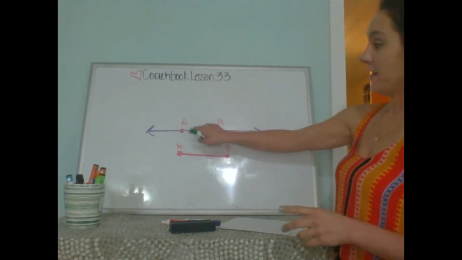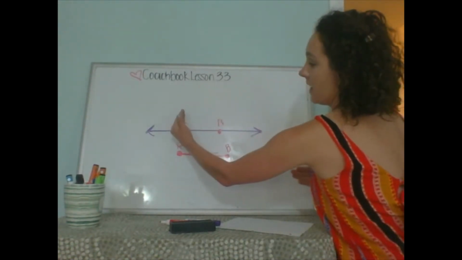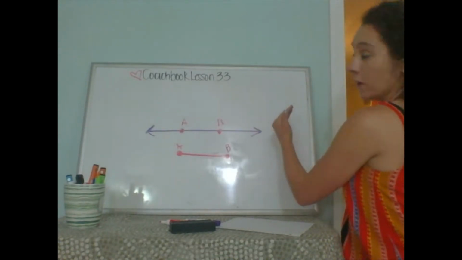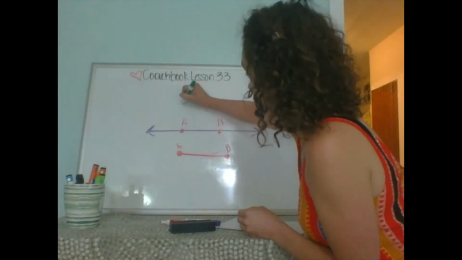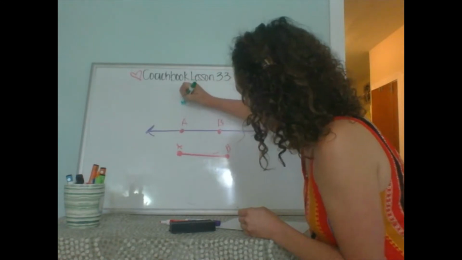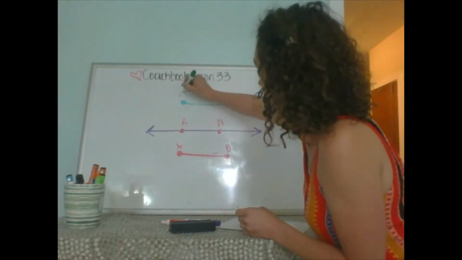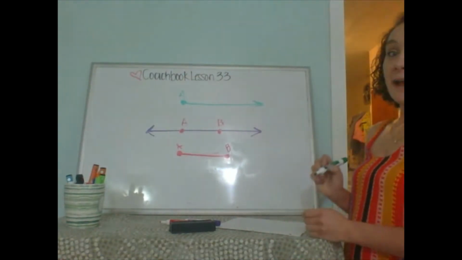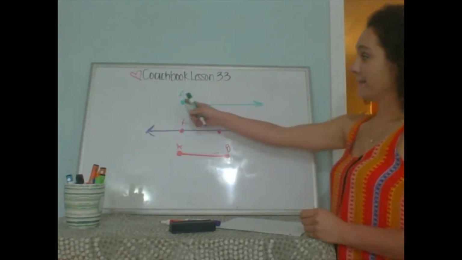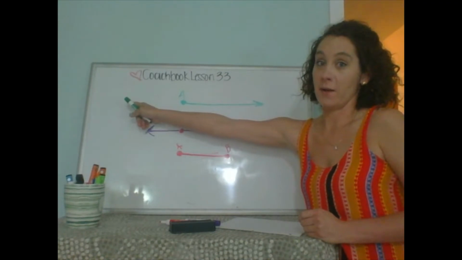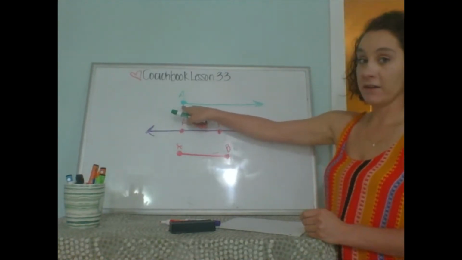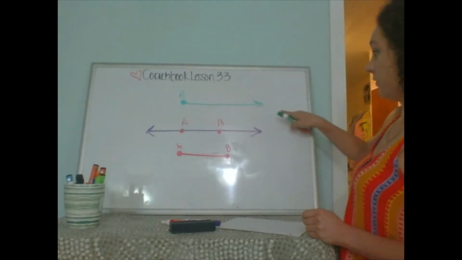Then we have this. If I were to take from point A going on this way, now I have a ray, because it's not going on forever this way now. We have an end point here, and then it continues on forever this way.